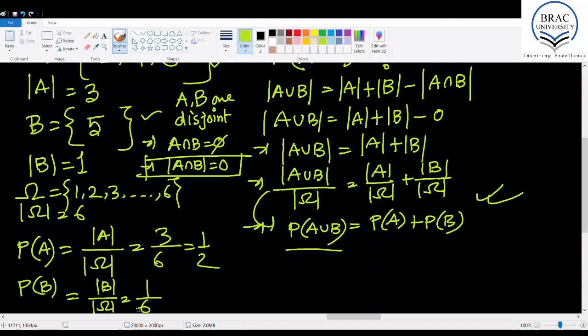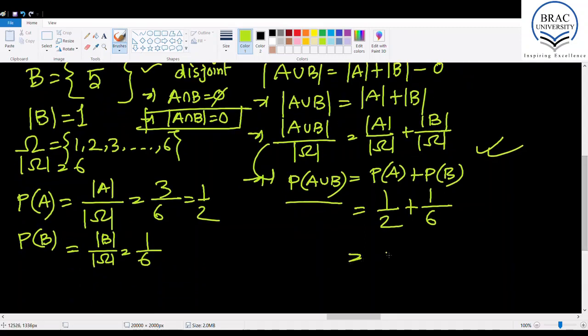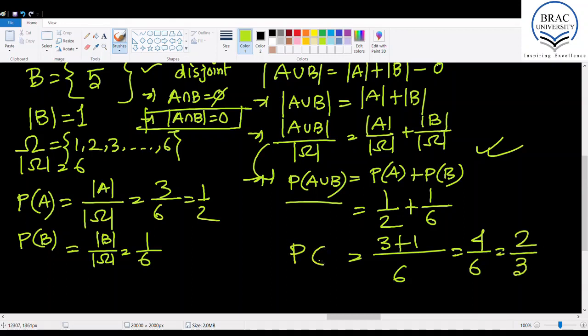Okay, so now putting these values in this equation, we get, finally we are there. So it's 4 by 6, which can be reduced to 2 by 3. Yeah, that's it. So this is the answer to this problem. I hope you understand it.